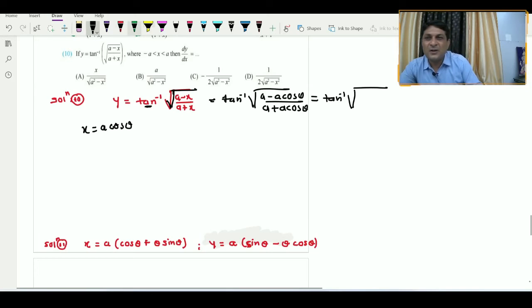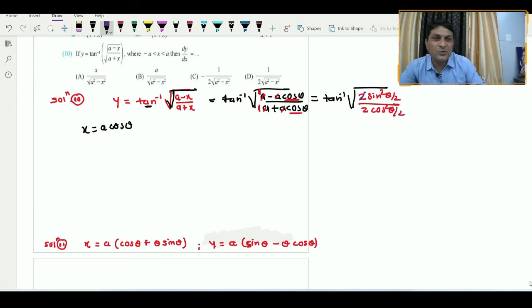Now observe that a from the numerator and denominator will get cancelled. Here we will get 1, here also we will get 1, and 1 minus cos theta will be 2 sin square theta by 2 according to the half angle formula, and in the denominator 1 plus cos theta is 2 cos square theta by 2. Again we can easily observe that here 2 will get cancelled.